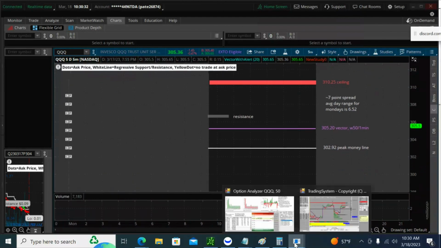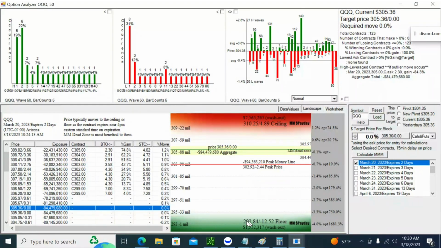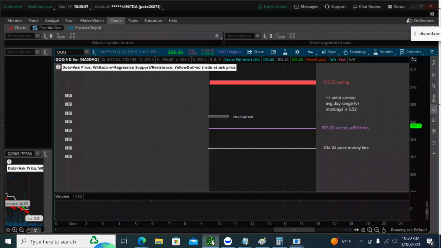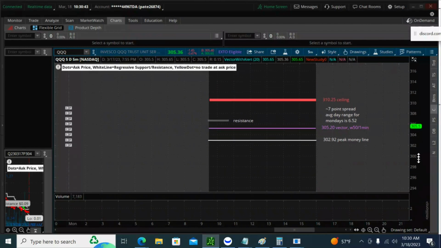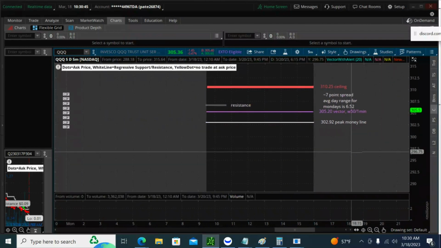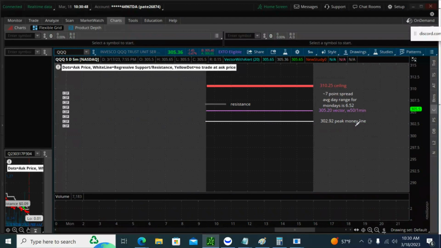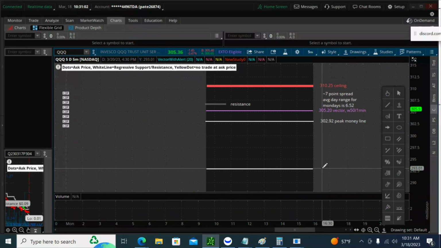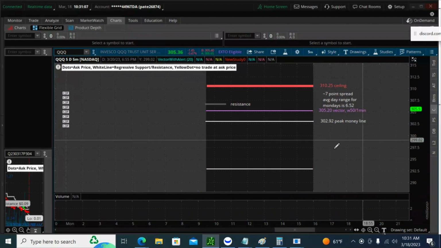So not only do we need the peak money, but we need to add our 292.84 for our floor. 292, that is way down there. Sorry, 292.84 is the floor.